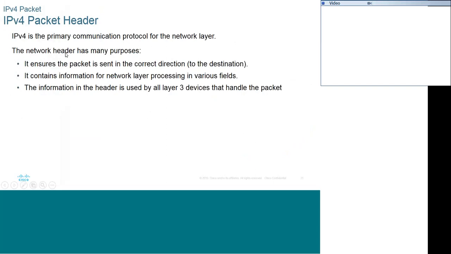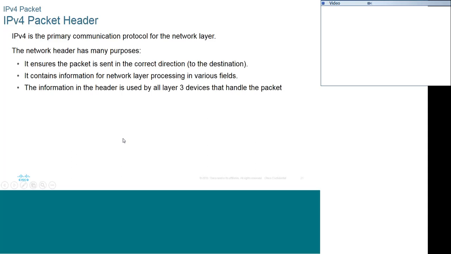The network header has many purposes. The header which is added by layer 3 contains all the information needed to make this communication done. It ensures the packet is sent in the correct direction, meaning all the packets are managed correctly to the specific destination that you want to send to.